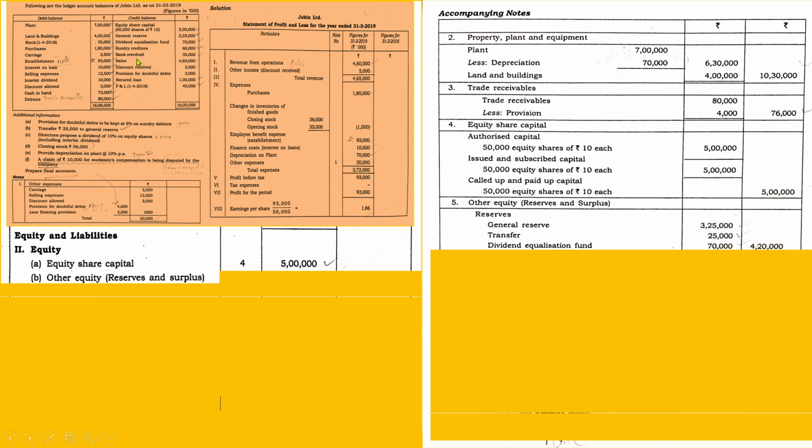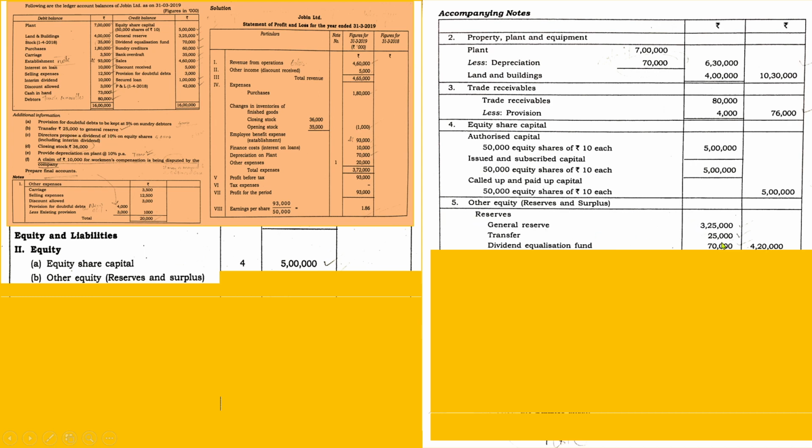So go through the question and make sure whether there are any reserves and funds given in the question. If you go through the question, you can see that there is a reserve of 3,25,000, there is a dividend equalization fund of 70,000, and there is no further information regarding reserves. Now go for the adjustments. Transfer to reserve 25,000, show transfer to reserve.